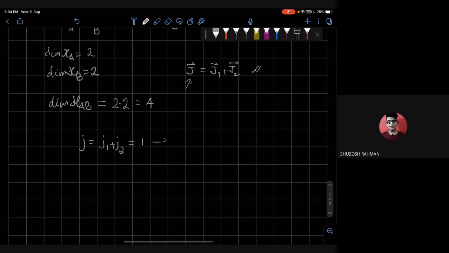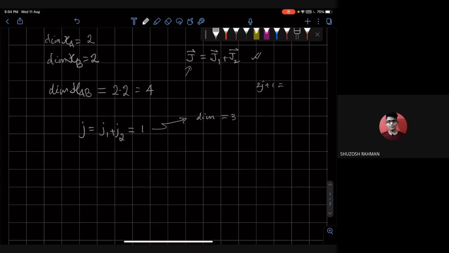So what will be the dimension of this multiplet? 4. What is 2J plus 1? Oh, right. It's going to be 3. Yes.